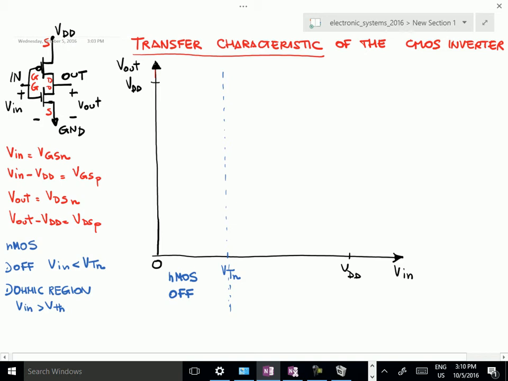If you remember, VDS must be smaller than VGS minus VT. This is something that we wrote in the previous sheet. VDS is equal to Vout, so Vout must be smaller than the overdrive, which is Vin minus Vtn. So what I'm doing now is simply translating the operating conditions in terms of the input and output voltages of the inverter.